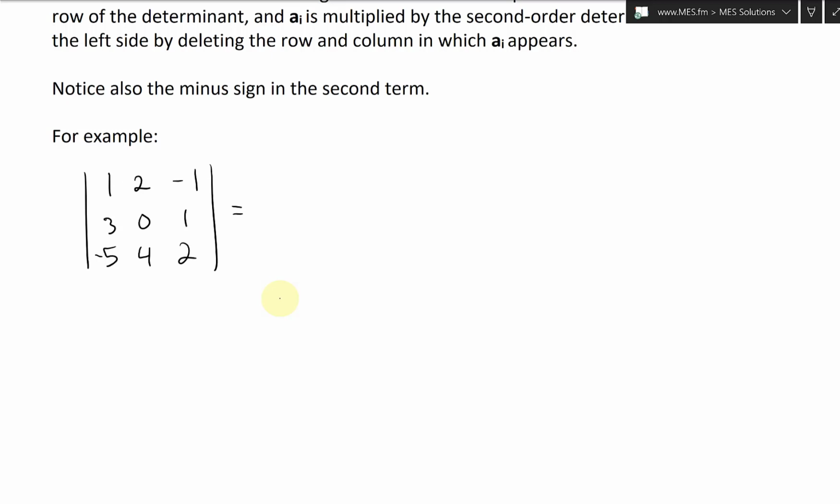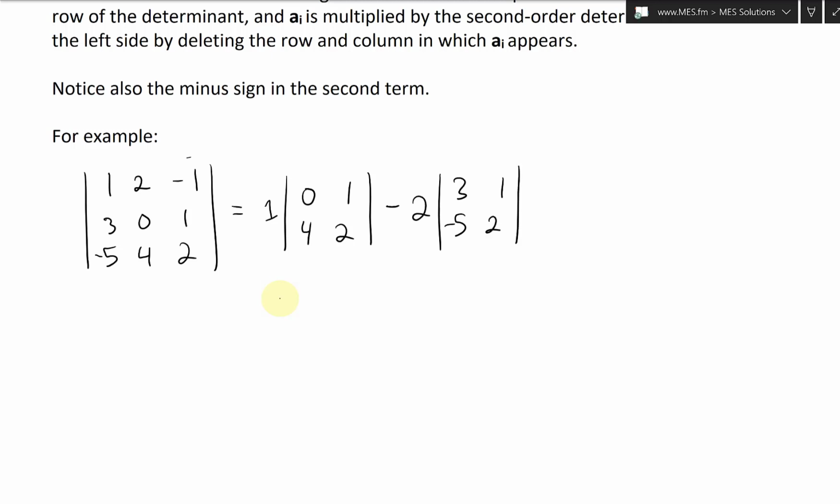Let's write that in. This equals 2, 1, and then determinant of 0, 1, 4, 2. The next one is going to be minus. We take this one here, and then we eliminate this and this. All we're left with is this and this. All right, let's erase this, and we'll get a 2, and then we'll get a 3, 1, negative 5, 2, like that.